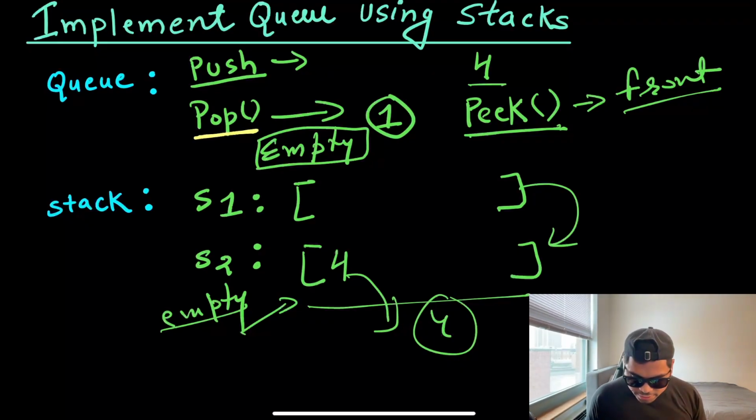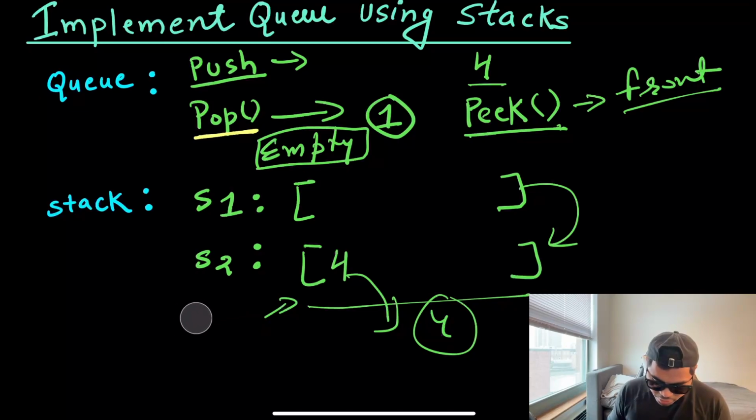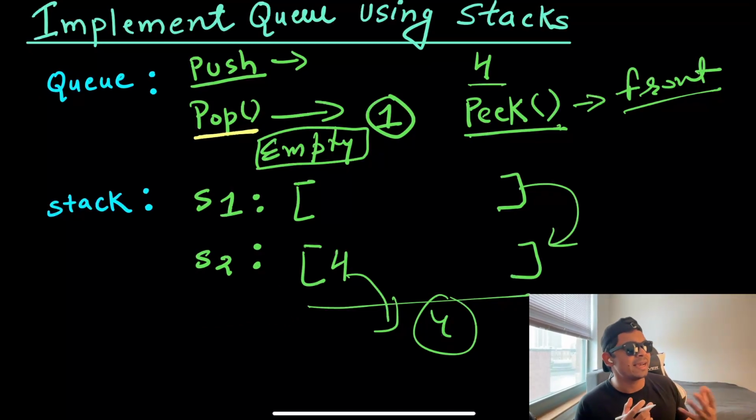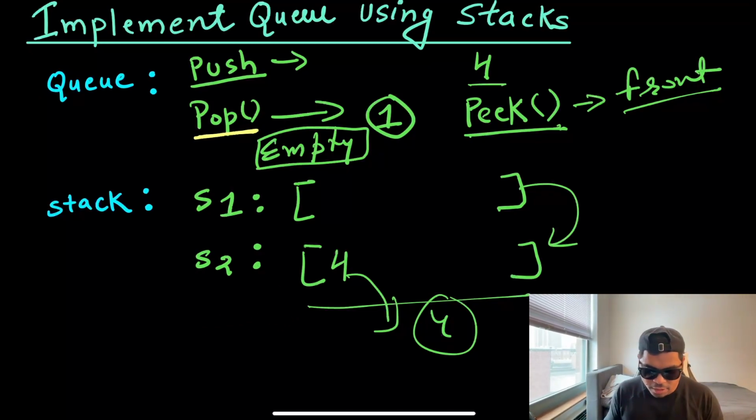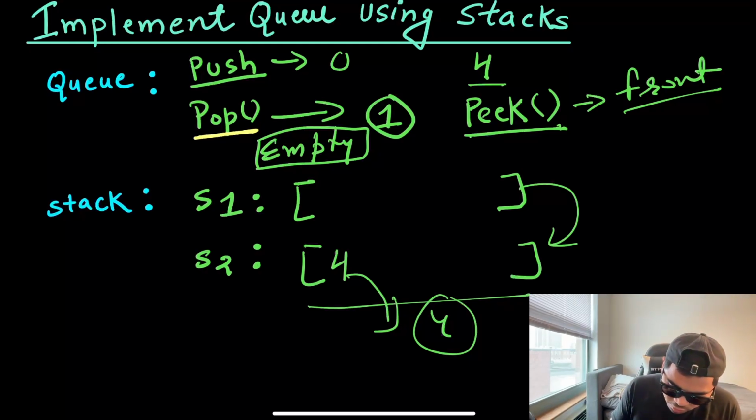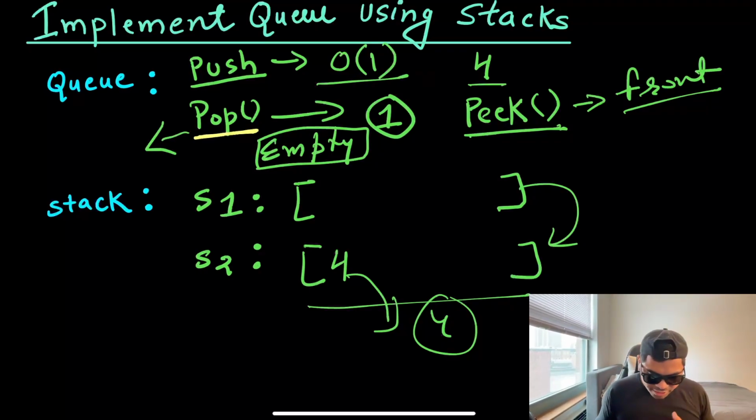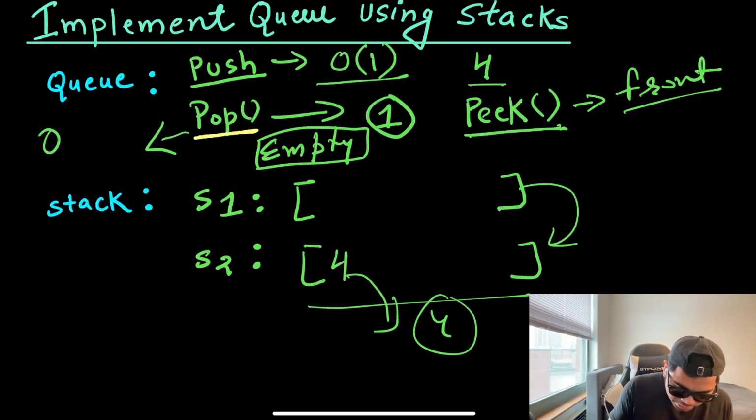So now we can see that we can pop elements in average big O of 1. Push is happening in big O of 1 time complexity. Pop is kind of happening in big O of 1, but on average.